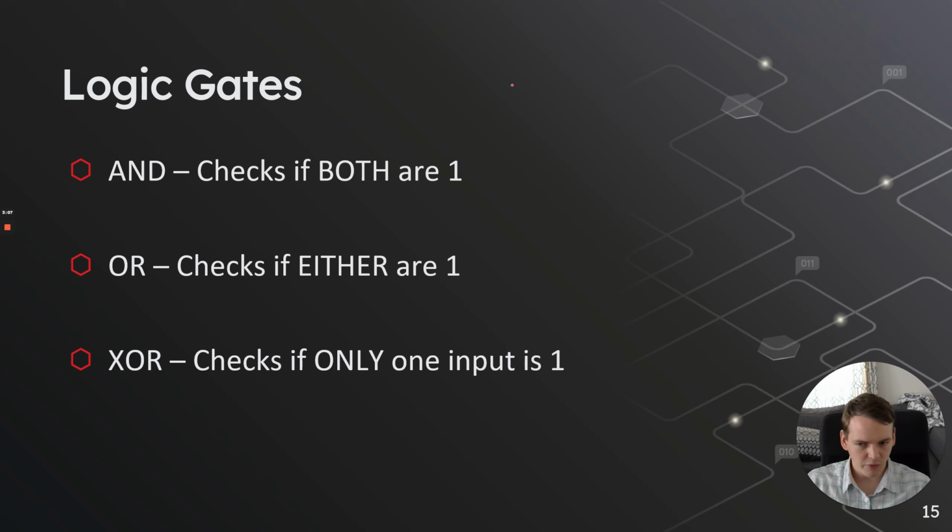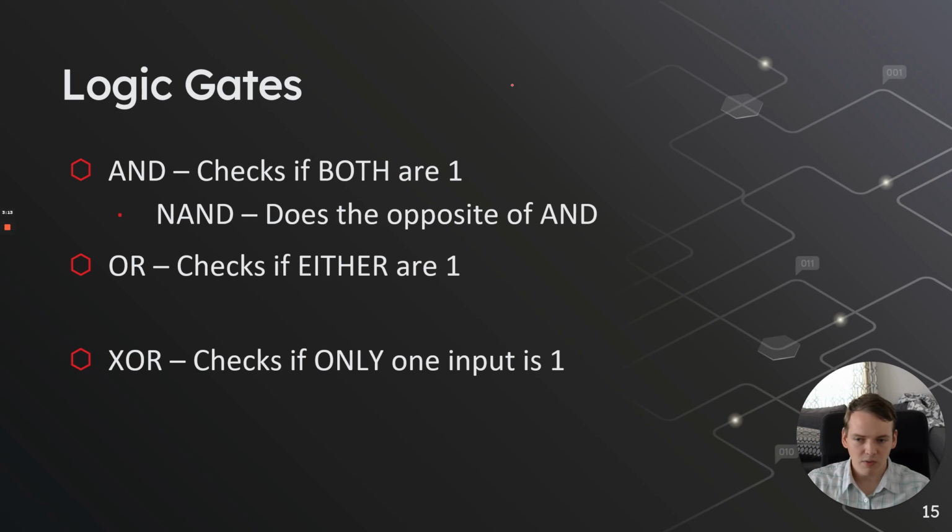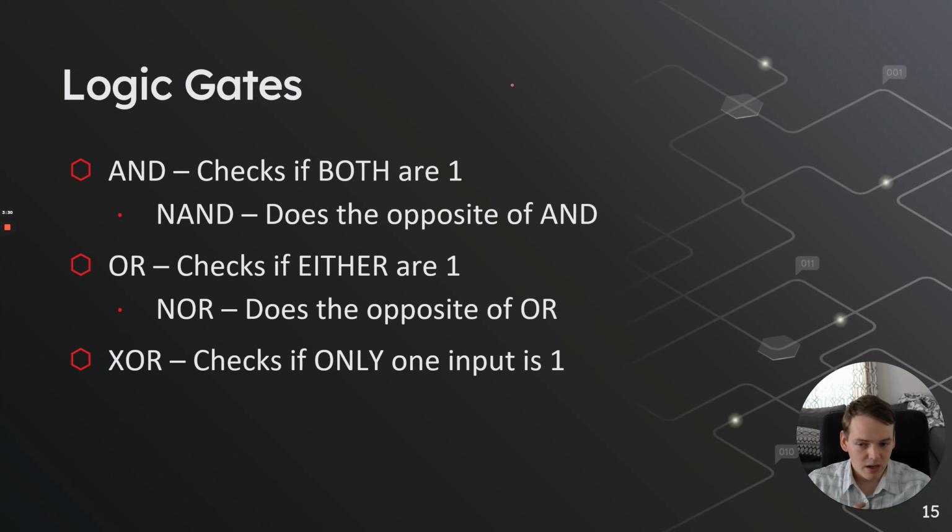So these are your first 3 that we look at, and the second 3 are just the opposites, or the inverses of these. You've got a NAND gate, or a not AND gate, and it does the opposite of an AND gate. So it looks for anything but both of them being 1. A NOR gate, or a not OR gate, does the opposite of OR, so it looks for, is there nothing coming in?